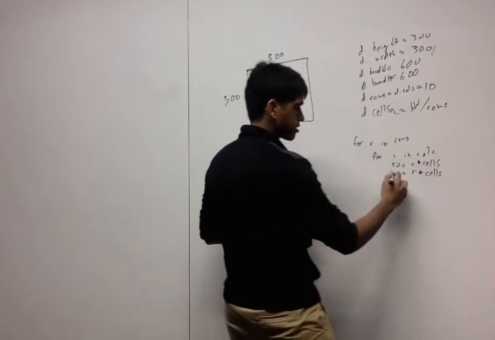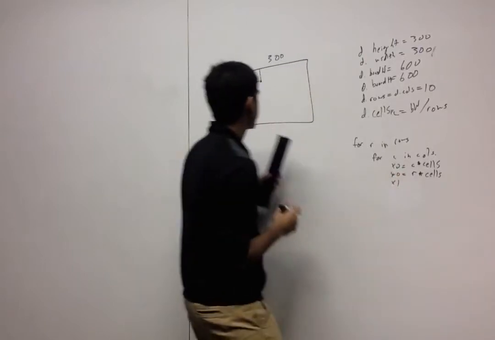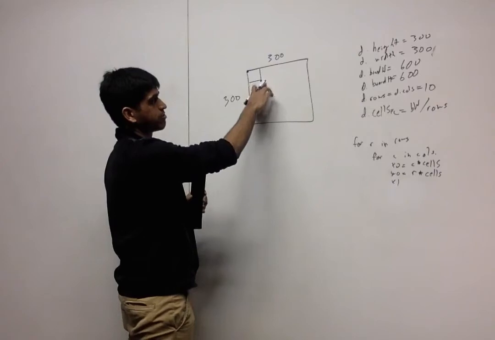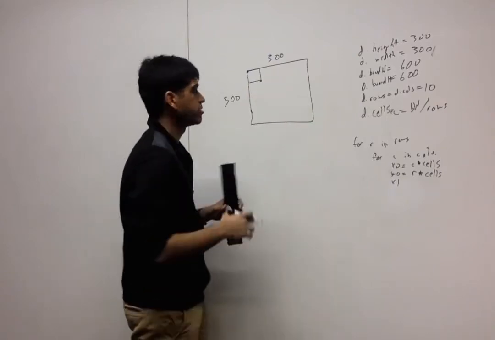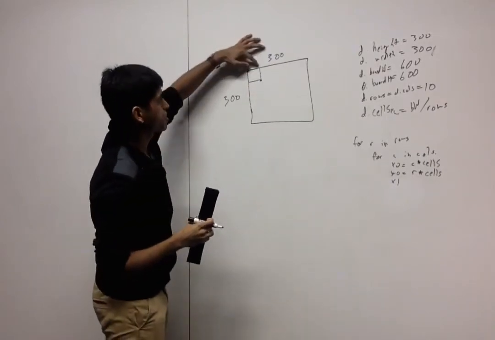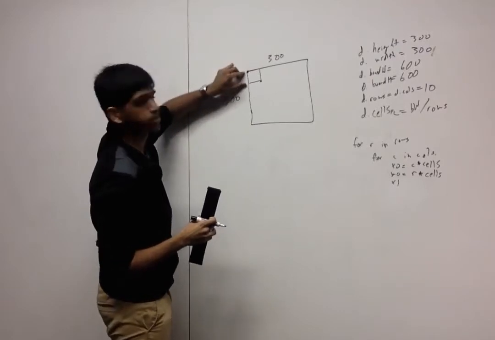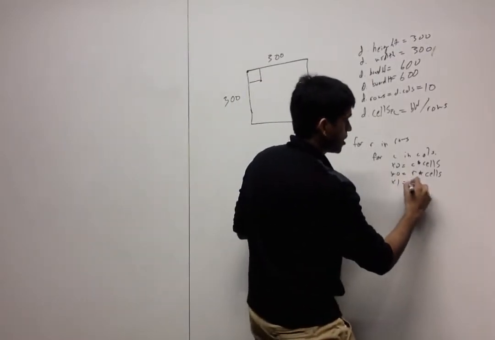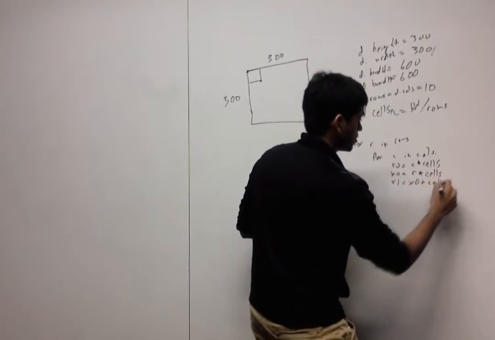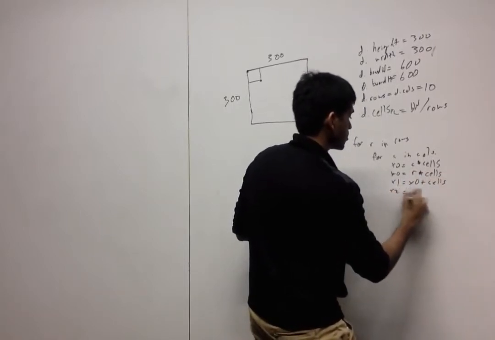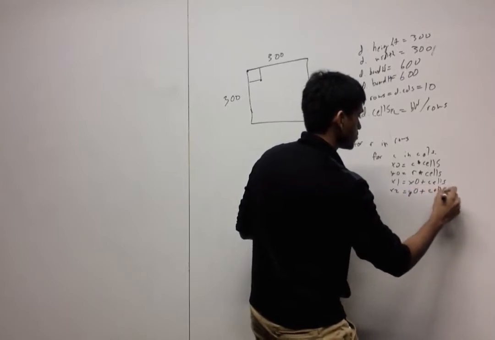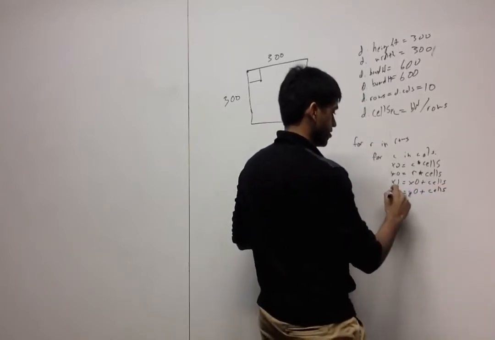So x0, y0 is defining this point. x1, y1 is going to be defining the point on the other end of the rectangle. But notice how to go from here to here, it's just one cell size, and to go from here to here, it's another cell size. So we can do x1 is equal to x0 plus cell size, and y1 is equal to y0 plus cell size.